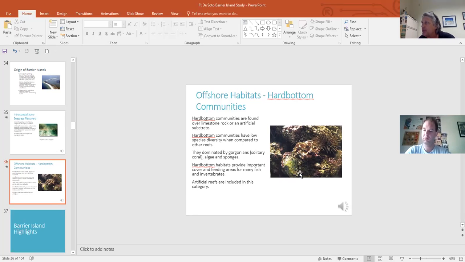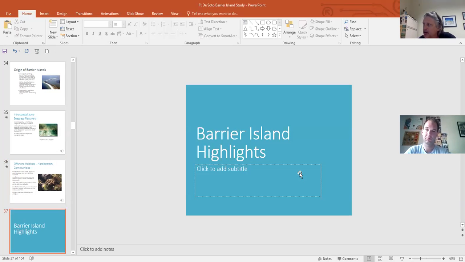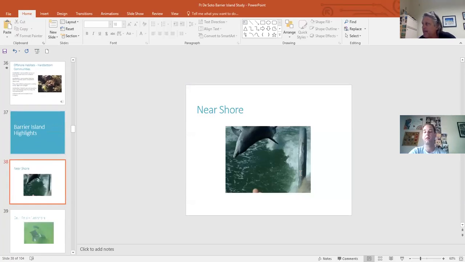So that is the science behind a barrier island. Now let's take a look at some pictures from different trips and learn some of the creatures that live on them. All right, near shore, these dolphins, they love to play in a boat's wake.